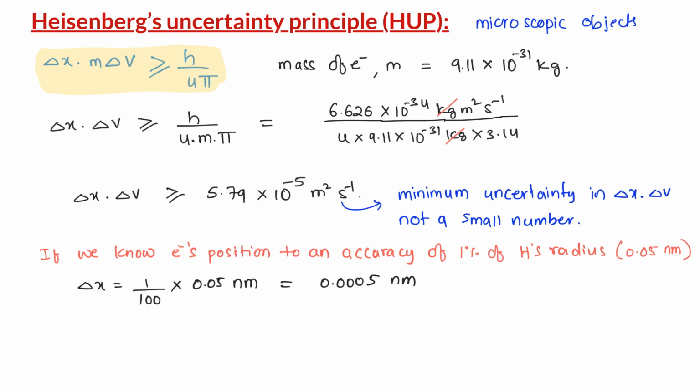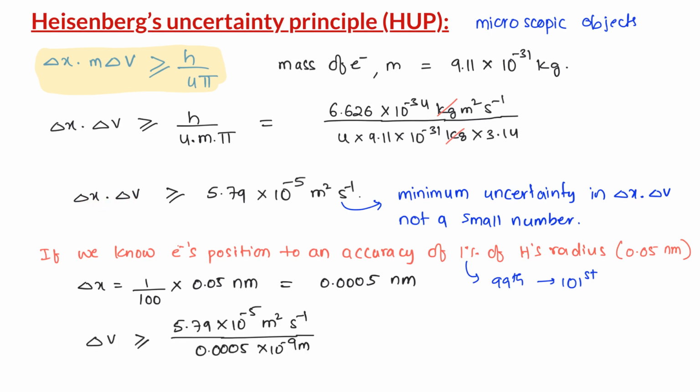What this means is that if we assume the three-dimensional space around the nucleus of hydrogen is broken down into several concentric spheres of increasing radius, we know that the position of the electron is somewhere between the 99th sphere to the 101st sphere.